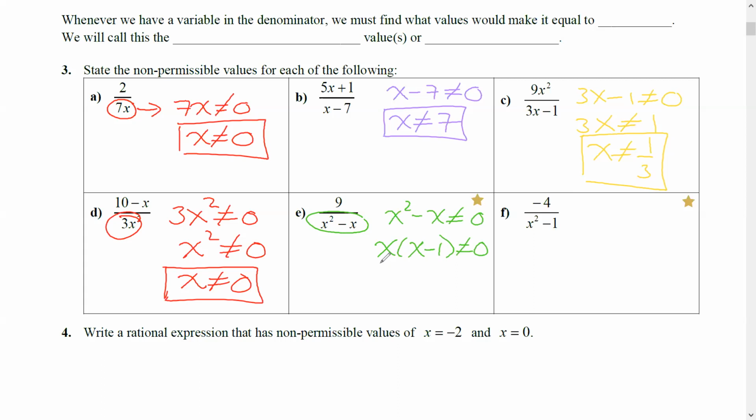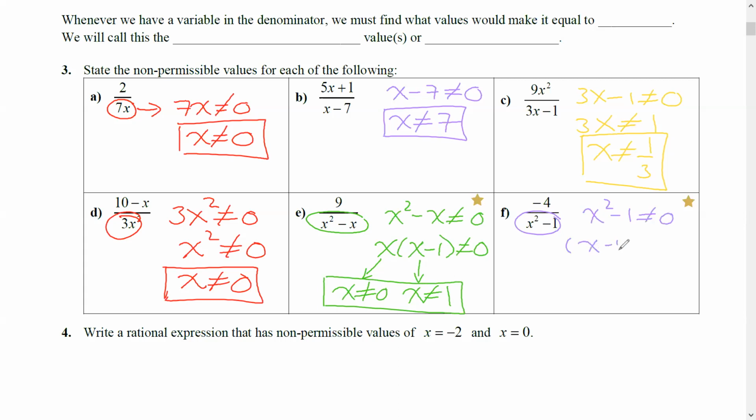Now, what I say to myself is x can't equal 0, x can't equal 1, the two things that make those individual parts equal to 0. That was how we ended yesterday's lesson, if you remember that. Okay, x squared minus 1 can't equal 0.